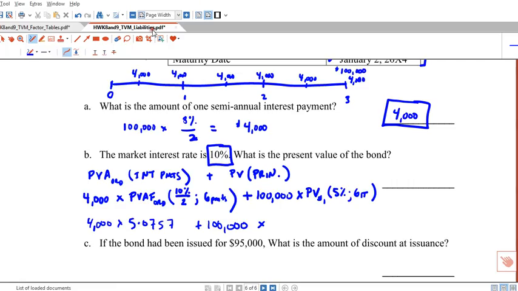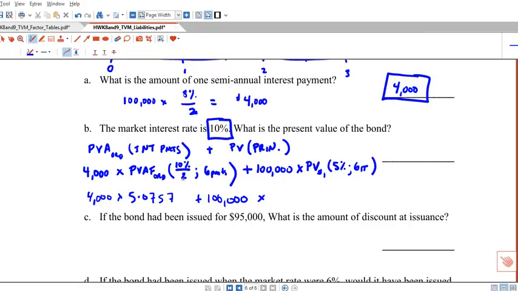So that's 0.7462. So this is going to equal, I'm doing this with you, 4,000. You should have your calculator out. Go ahead and do this. It's good practice. 4,000 times 5.0757 is about 20,303. The 100,000 is easy.